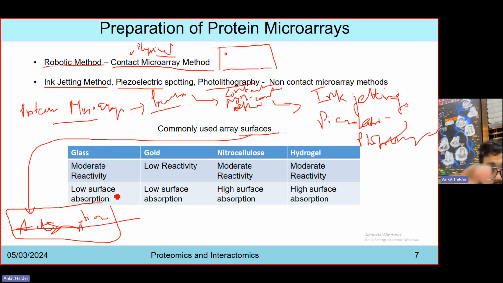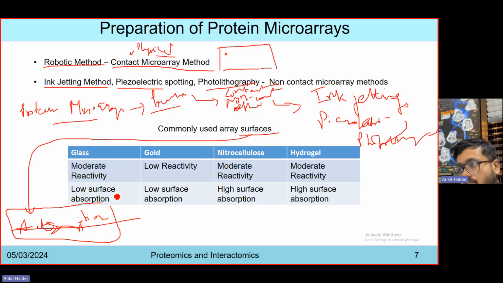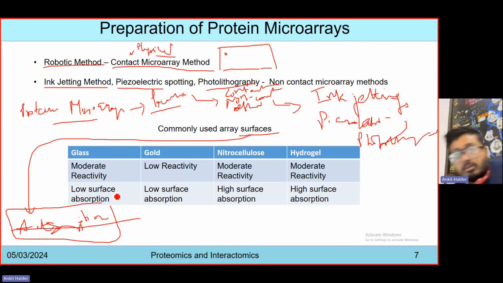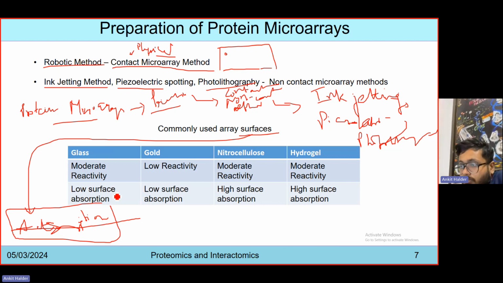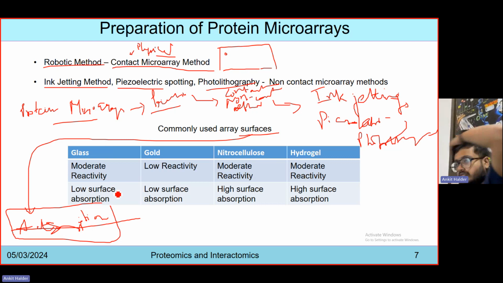We need to decide among these, of which nitrocellulose is the most popularly used, and gold is also used due to its low reactivity, because it will also depend on the backgrounds.